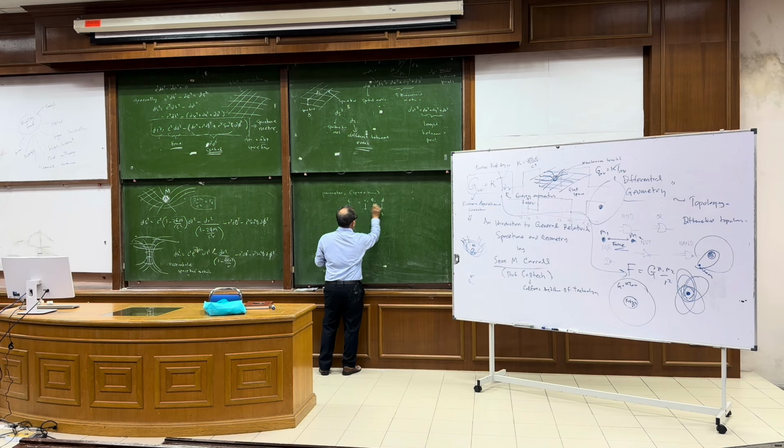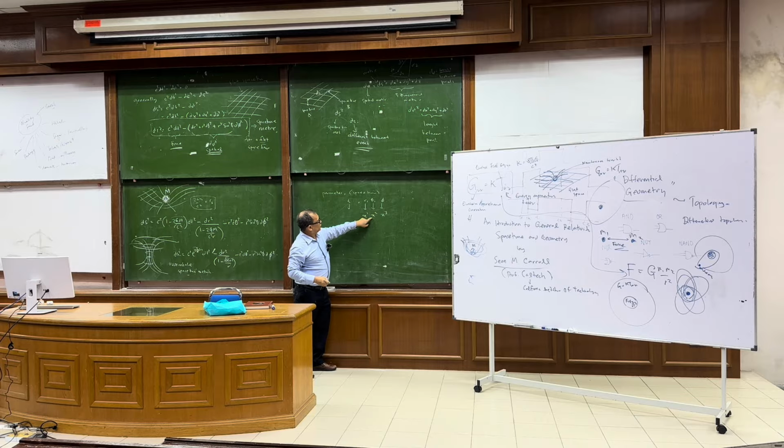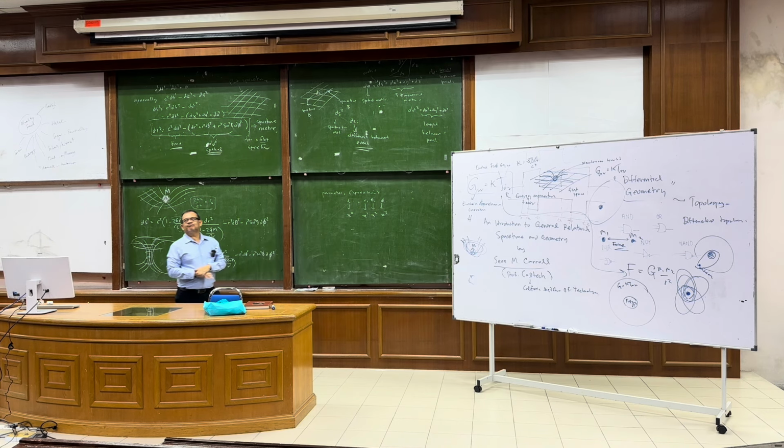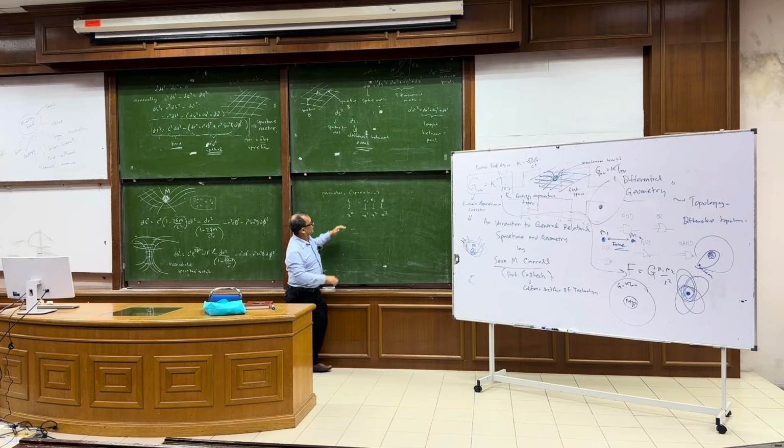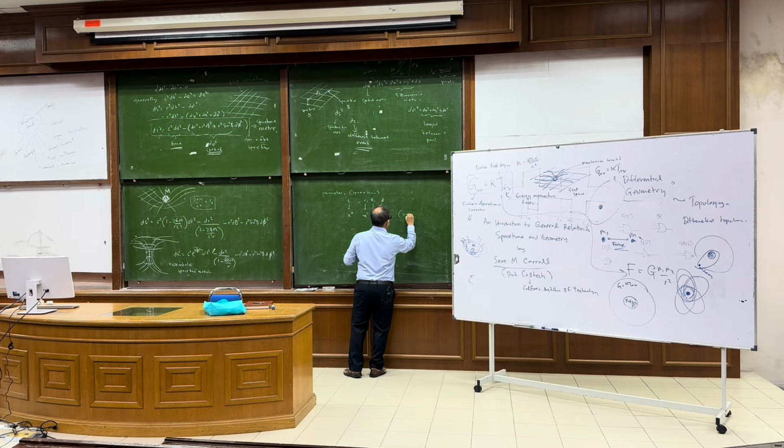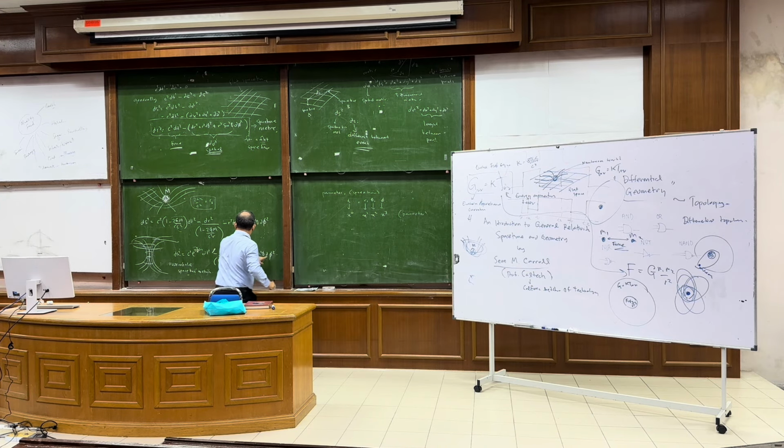Or we call them x1, x2, x3: x1 is r, x2 is theta, x3 is phi. Time we always call x0. These are all the parameters.